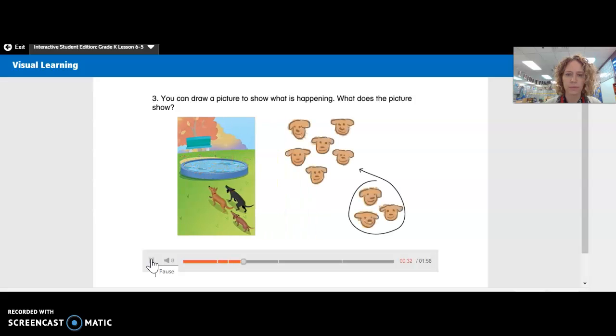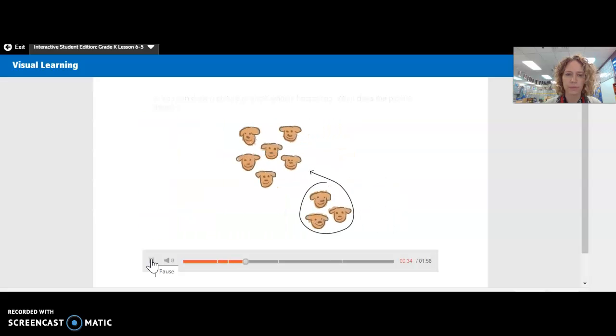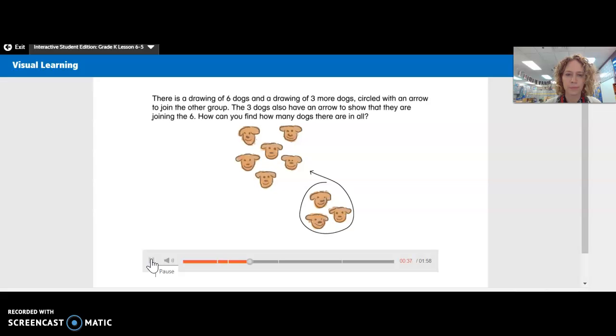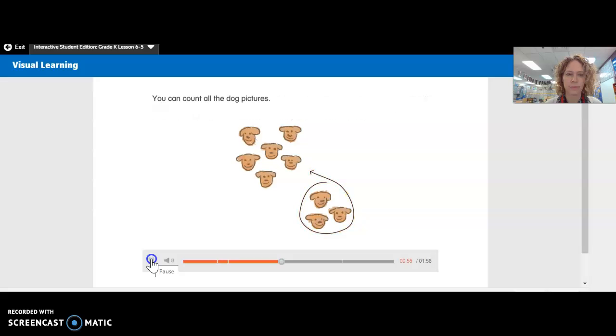What does the picture show? There is a drawing of 6 dogs and a drawing of 3 more dogs, circled with an arrow to join the other group. The 3 dogs also have an arrow to show that they are joining the 6. How can you find how many dogs there are in all? You can count all the dog pictures.